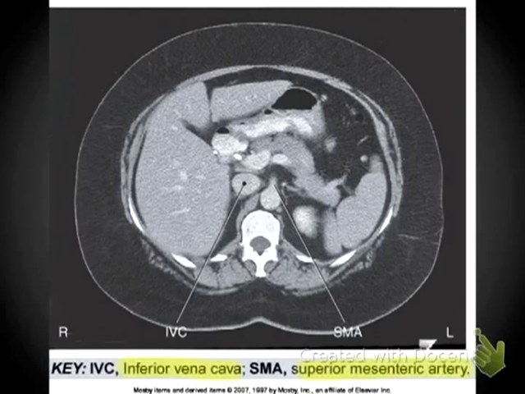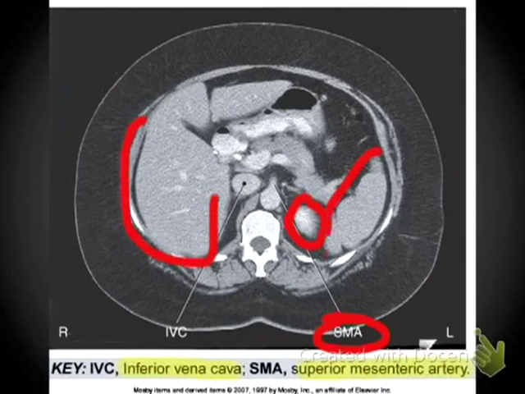So notice here that we're just now seeing the left kidney come in. I disagree with this being labeled here. I think that this probably is still celiac, but really can't discern whether it's SMA or celiac based on the location here. I think we still have too much of liver coming in, still seeing spleen.